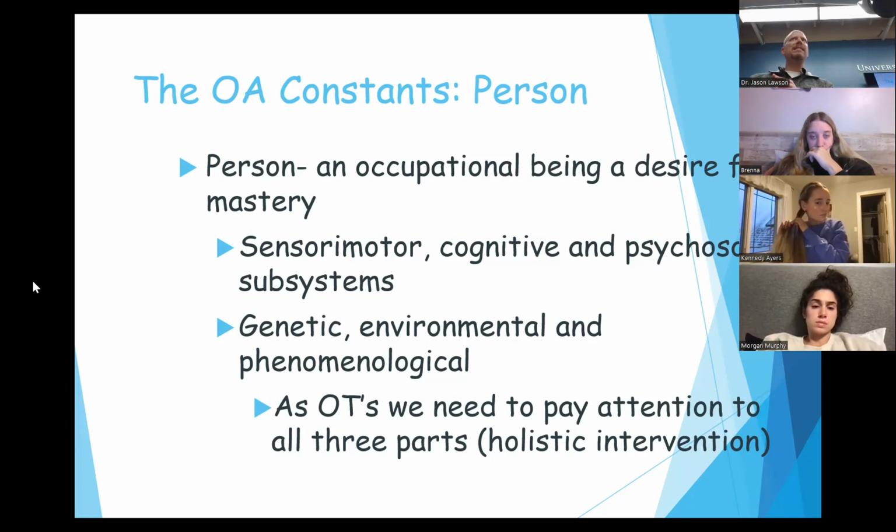We would go through an adaptive process, okay? Winter storm, right? We all had to go through sort of an adaptive process in order to get here. So as OTs, we need to pay attention to all three parts, sensory motor, cognitive, psychosocial, so that we're being more holistic.